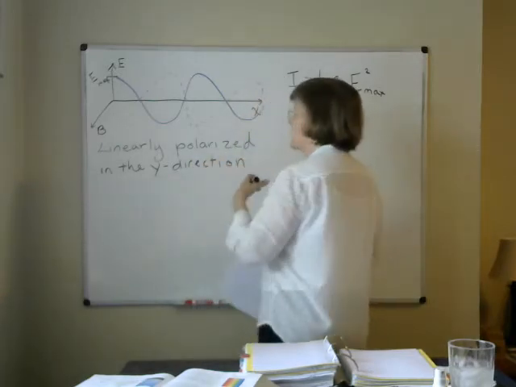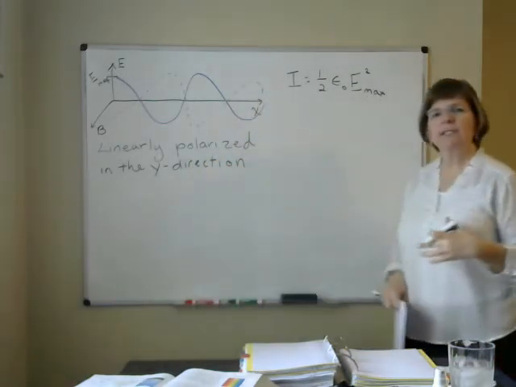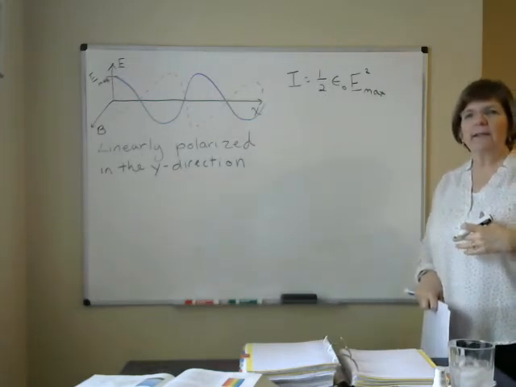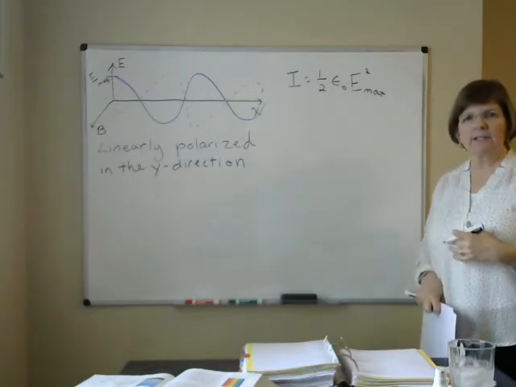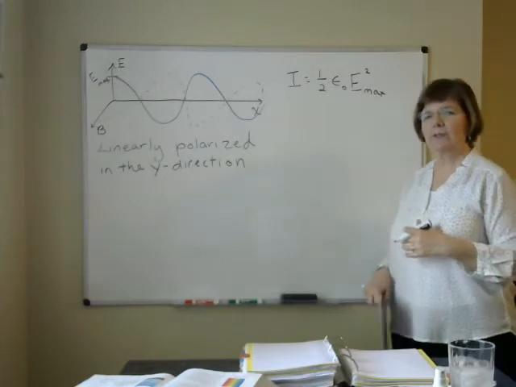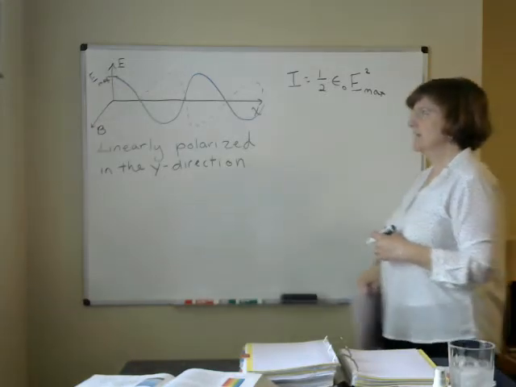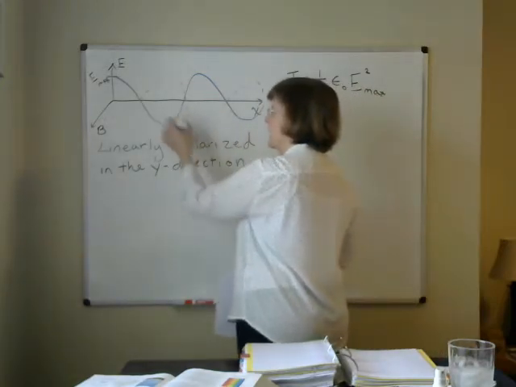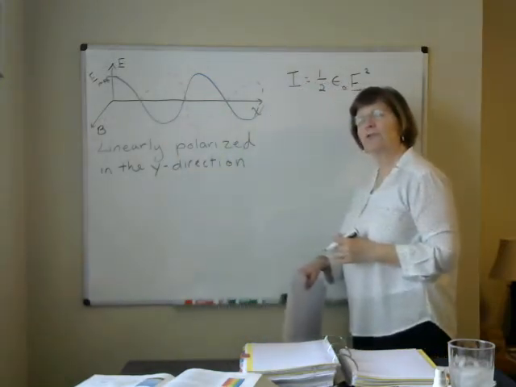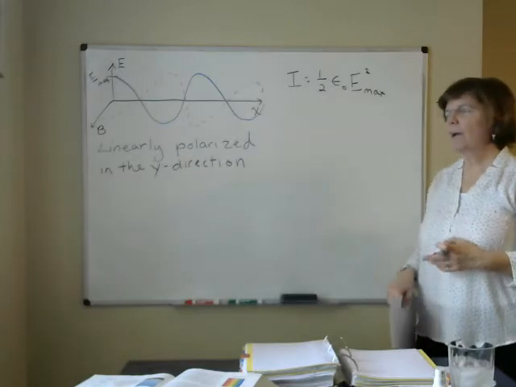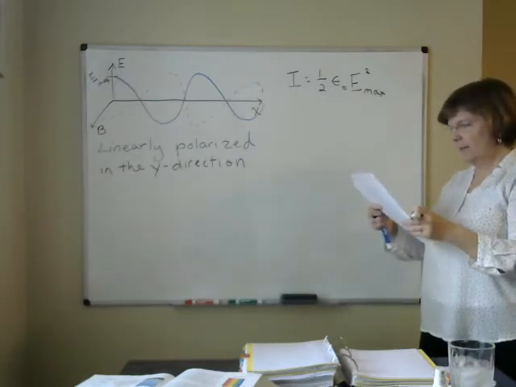Now the direction of polarization is always the direction that the electric field is oscillating. It doesn't depend on the direction of the magnetic field. So if our electric field's only allowed to oscillate up and down like this, instead of in all different directions, which is more normal, we would have linearly polarized light.